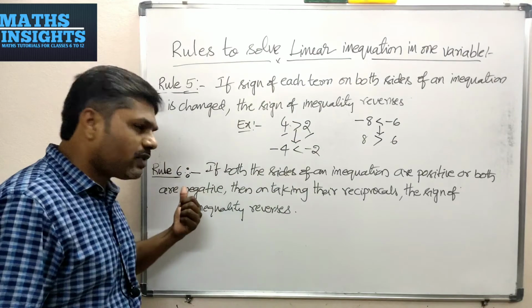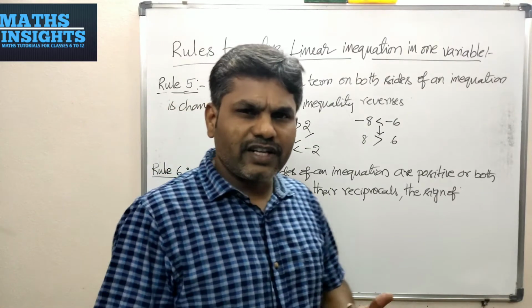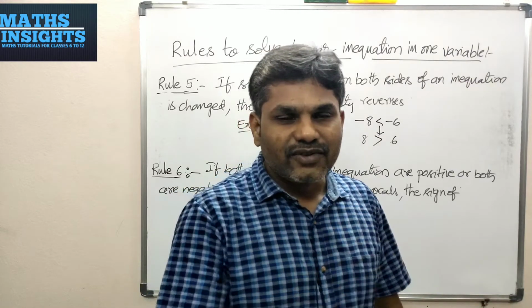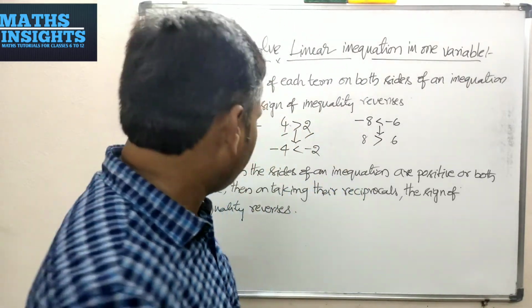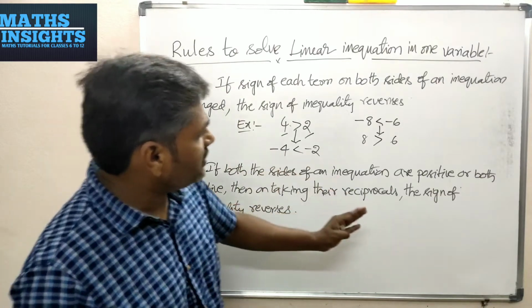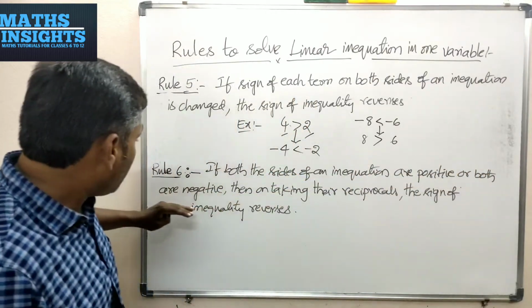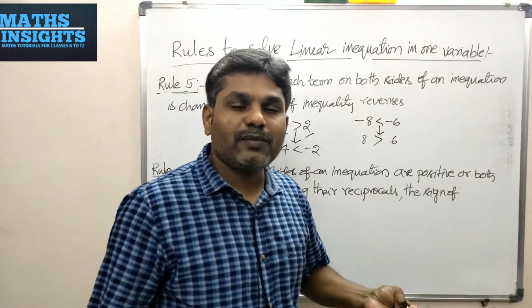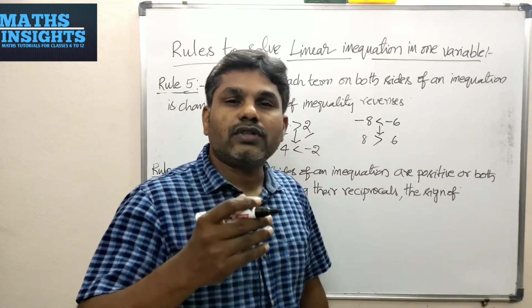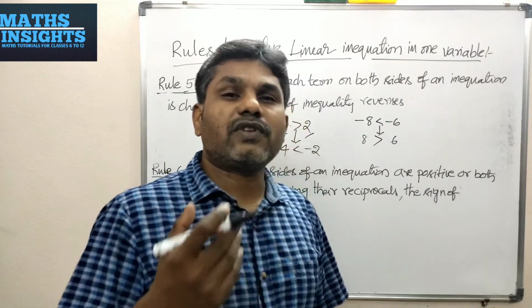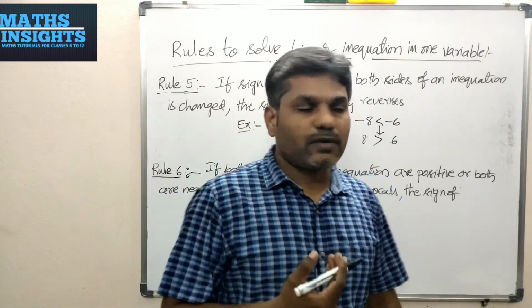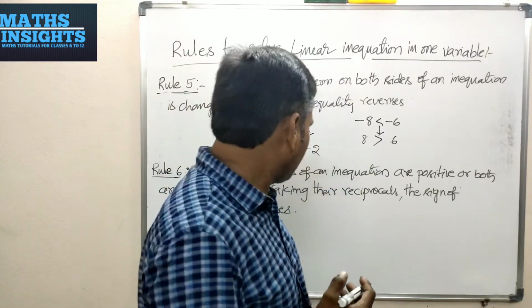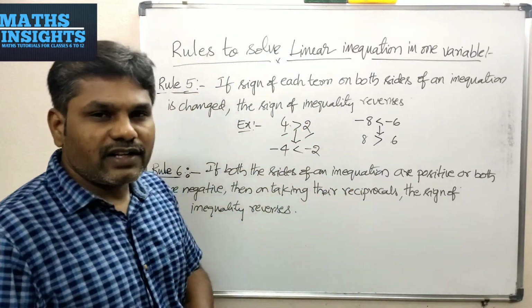Coming to rule number 6, which is the last one. Are you getting bored? No. These are very useful and very easy when you solve the problems. I will make them easy. If both sides of an inequation are positive or negative, and if you are taking the reciprocal, meaning 1 by 2 for 2, 1 by 8 for 8, 1 by x for x, then the sign of inequality reverses.